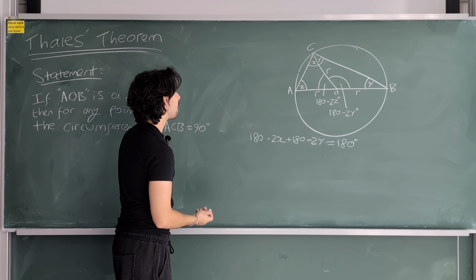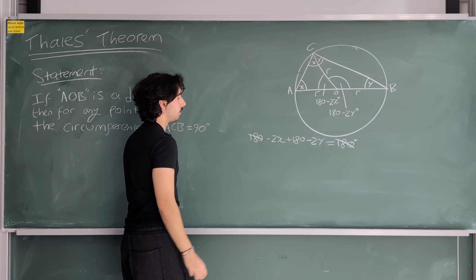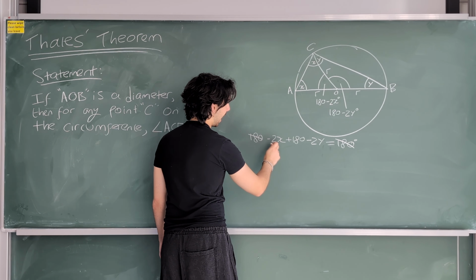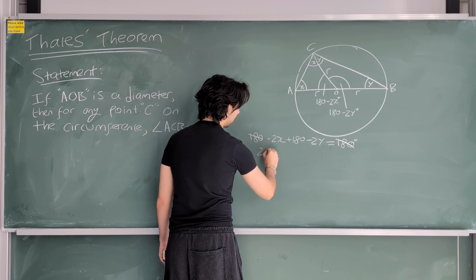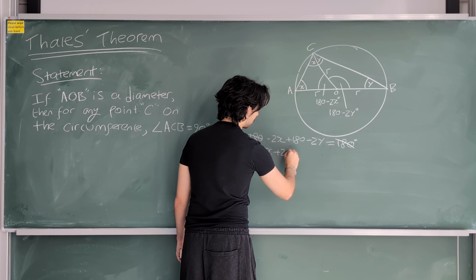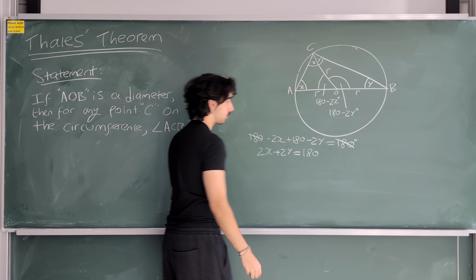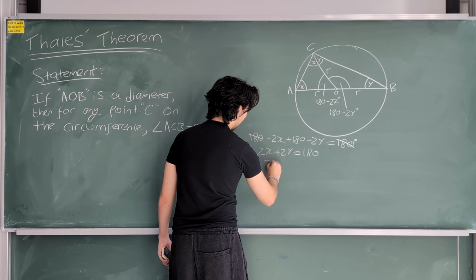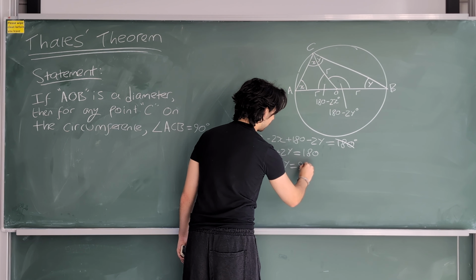Then, by rearranging this slightly, I'll cancel out two of the 180s, and slightly rearrange this to get, if I add 2x to both sides, I add 2y to both sides, I'll get 2x plus 2y equals 180 degrees. Dividing both sides by 2, I get that x plus y is 90 degrees.